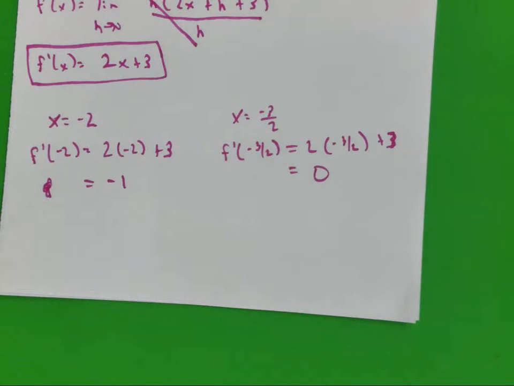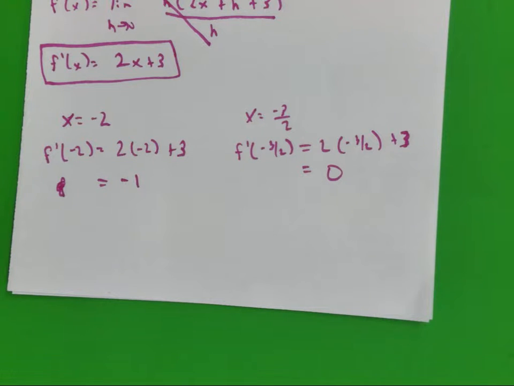Now let's talk about what is going on here. What does this tell you about the graph if you get a negative answer here? If you get a negative answer, that means the graph is decreasing at that moment in time. If you get a positive, it means the graph is increasing at that time.